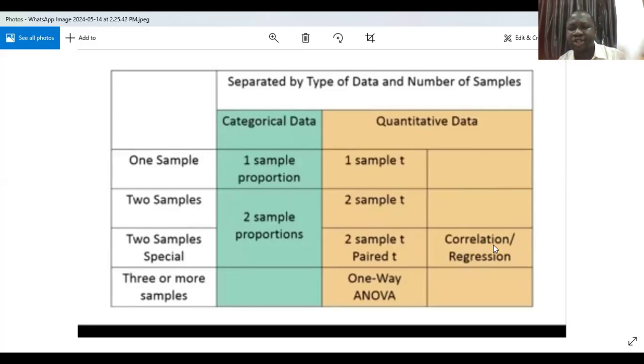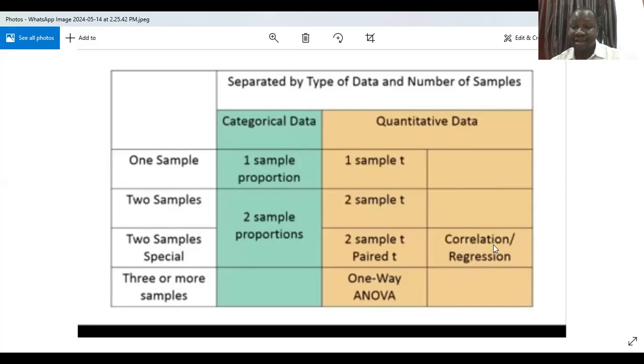Correlation and regression are very simple. When you are measuring relationship, that's correlation, and your data must be continuous, must be quantitative. That should not be a problem for anybody choosing between correlation or regression. In fact, most people just pick at random, but most people don't know when to use one way ANOVA or correlation or regression.